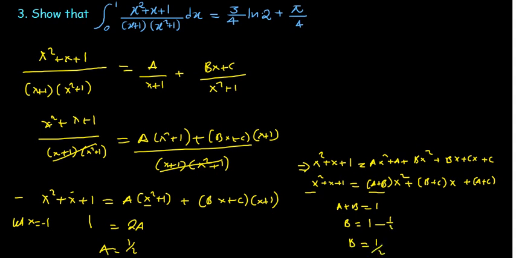And if we get this one here, b plus c is going to be equal to the coefficient, which is 1, meaning c is going to be 1 minus b, which is also 1 over 2, meaning c is also 1 over 2. So everything is 1 over 2.